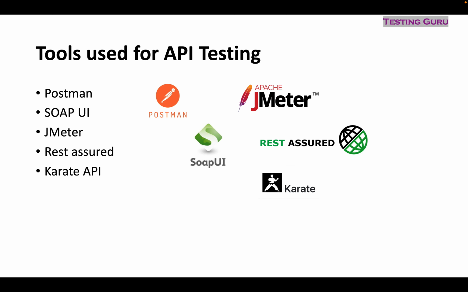We also use REST Assured and Karate API for automation. When we do API automation, we use Karate API and REST Assured. We will go into more detail about Postman and Karate API in our next session.